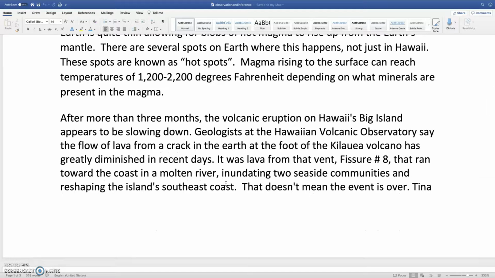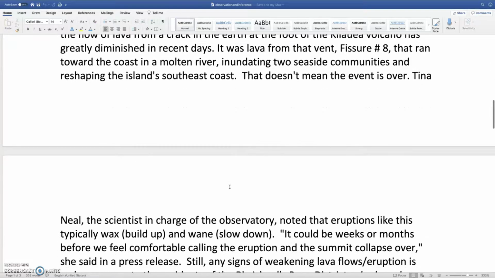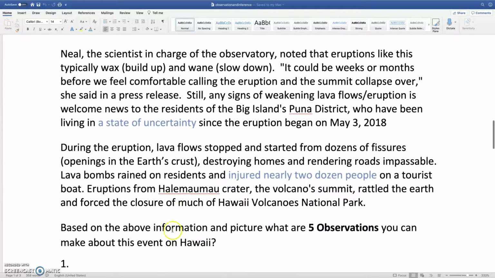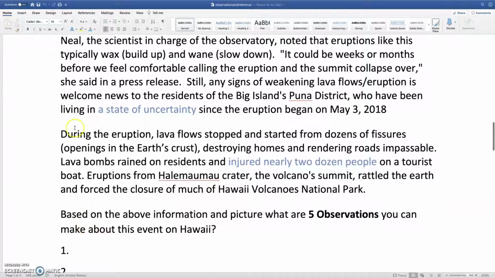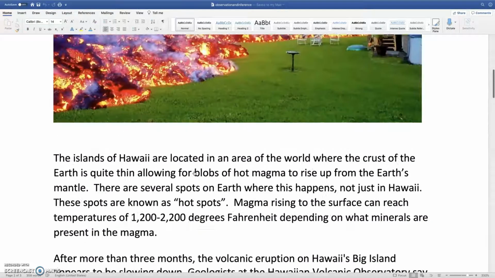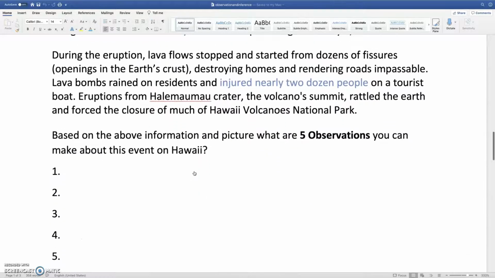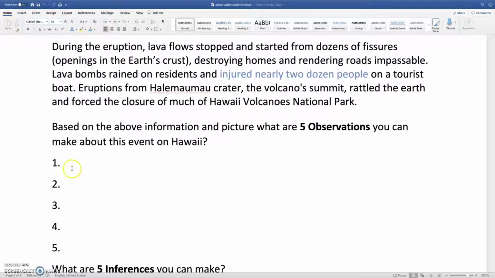Again, this worksheet is attached right below the actual assignment. You'll read through this and you'll get to the spot at the end where they talk about looking at this picture and listing 5 observations, hard facts about what you think is going on.